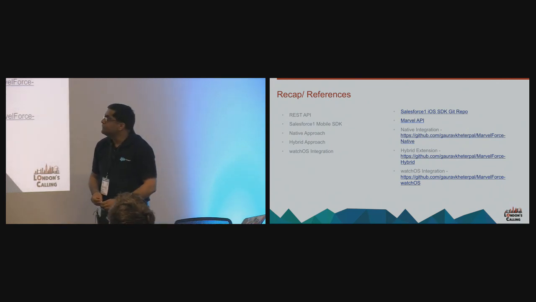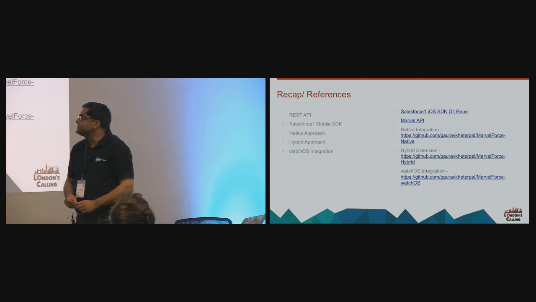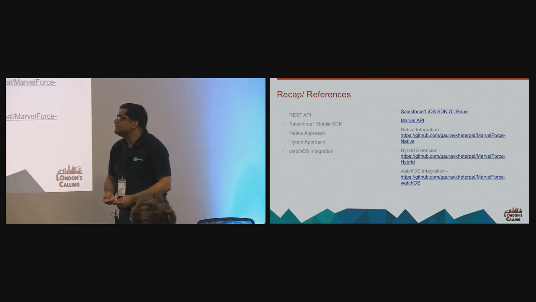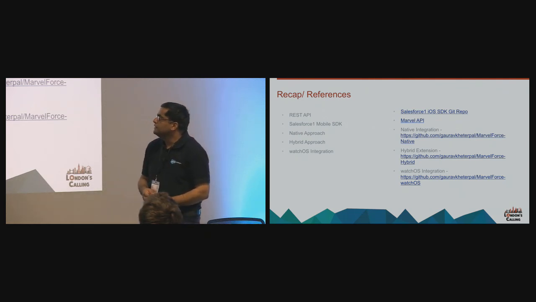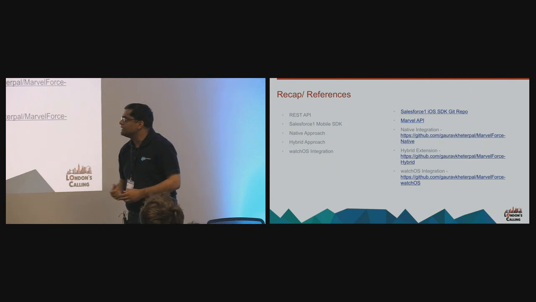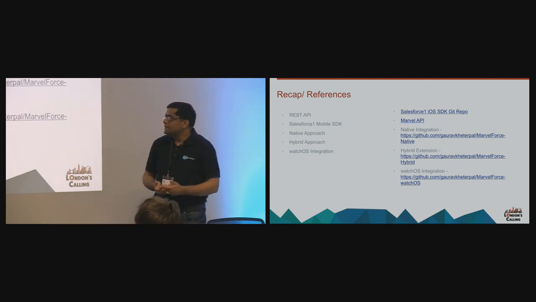I just want to do a quick recap of the key concepts. There are two ways to build API integration, SOAP versus REST. REST is the preferred approach because it's lightweight and performant. There is a SDK available. You can call it the Salesforce Mobile SDK, the Force.com Mobile SDK, or the App Cloud SDK. Again, there are two ways to build it.